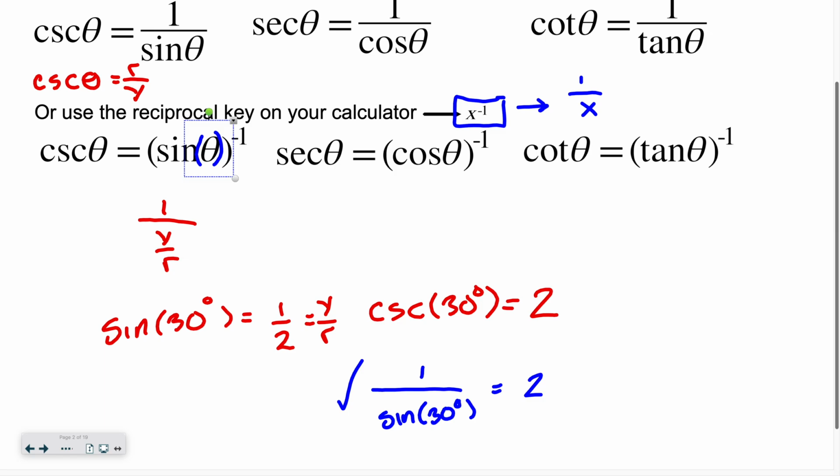That's the negative first key on the calculator. That's your reciprocal, which basically does this for you, so you don't have to type 1 divided by. I'm not particular on which method you use. Do what's comfortable and what you can get through quicker. I just wanted to give you an alternative way to look at it.